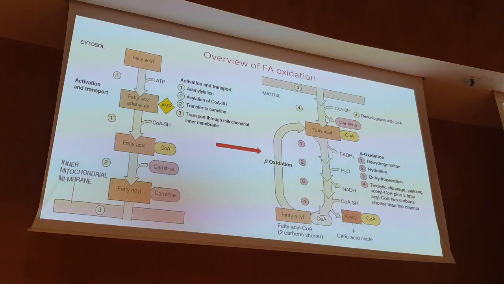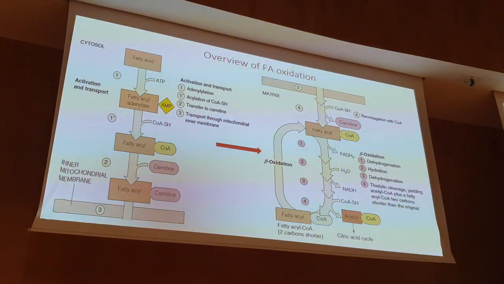Number 1, all these reactions are taking place in a lipid droplet in the cytoplasm. That means the fatty acid is in the cytoplasm. If it's coming from another tissue, like the liver or the adipose tissue, it is going to come into the cytoplasm of the new cell. So the first thing we need to do to that fatty acid, and I'm looking at the left-hand side, number 1, we need to activate the fatty acid.